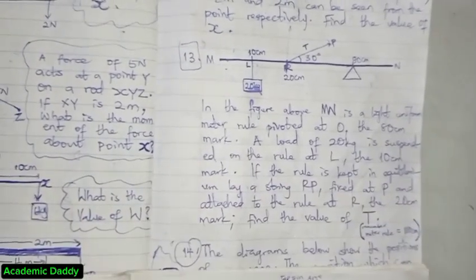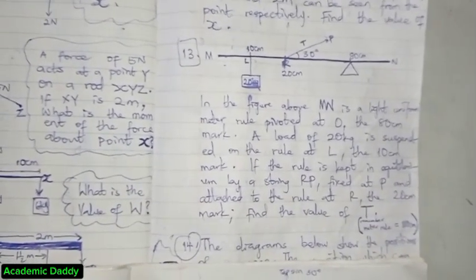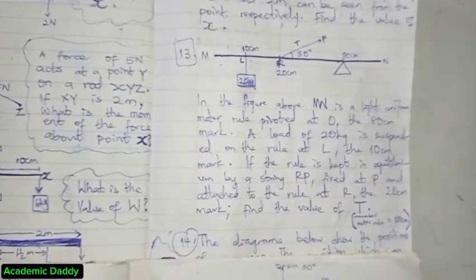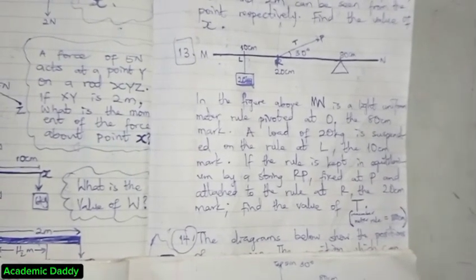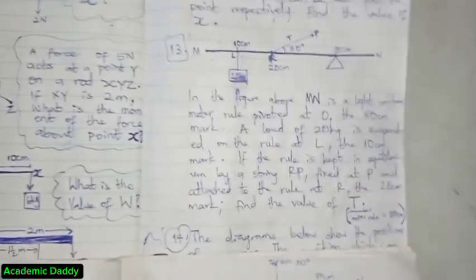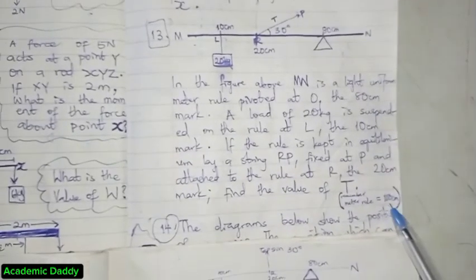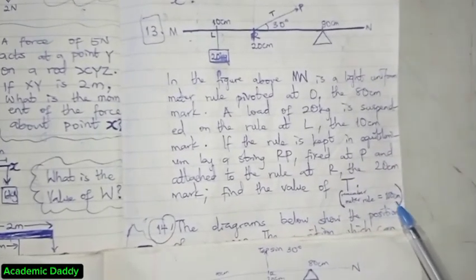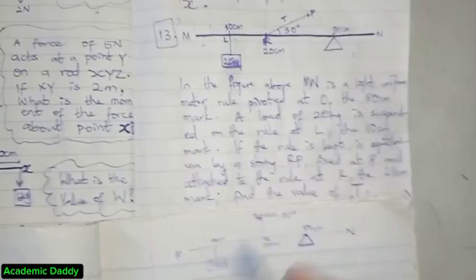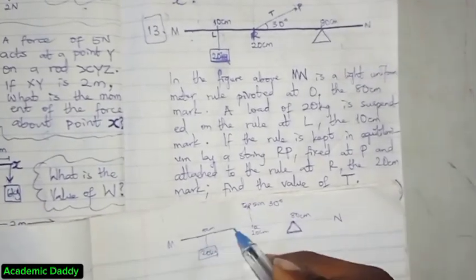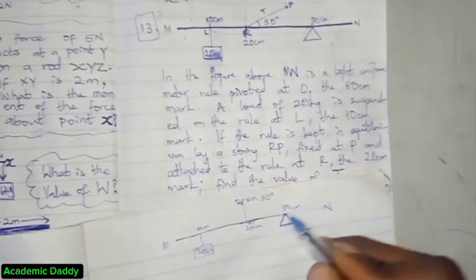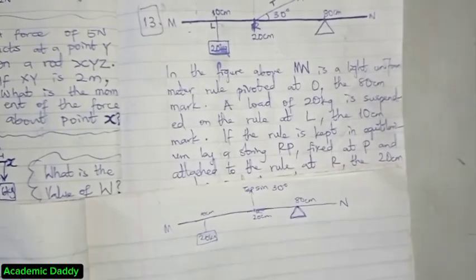So the next thing is to ask myself, you remember meter rule is 100 cm. Meter rule is 100 cm. So notice the total length here. That is this meter rule. The total length of everything is going to be 100.